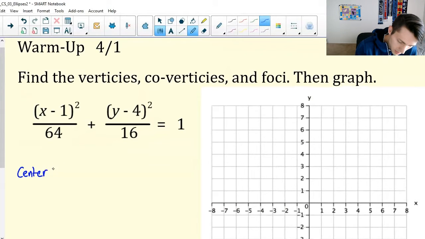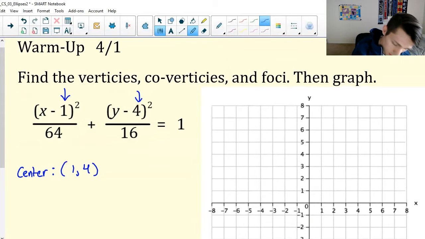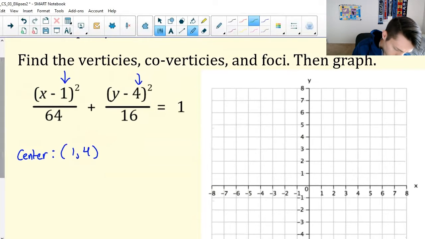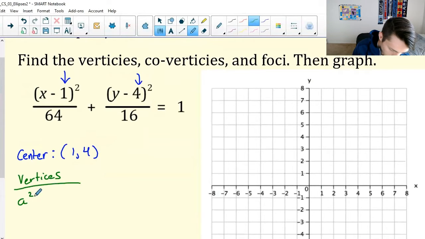Let's start with the center, since it's kind of the easiest thing to find, which would just be (1, 4). We get that from the h and k here. From there, let's look at what the vertices would be. I first need to figure out which is a squared.